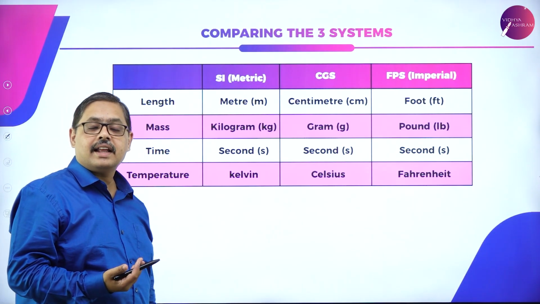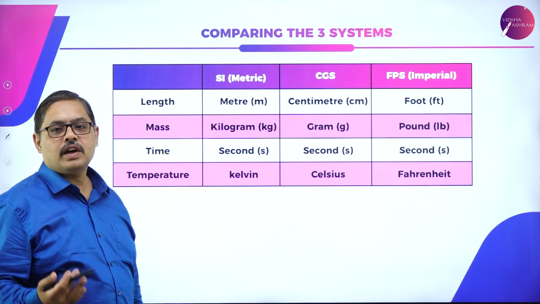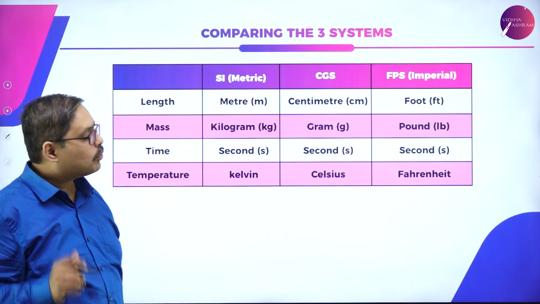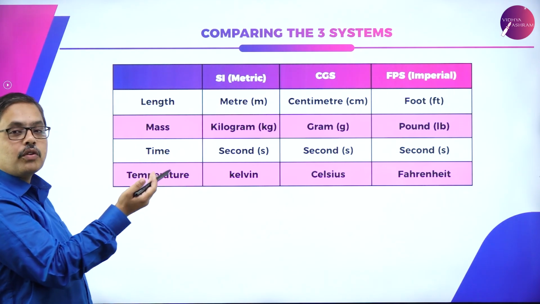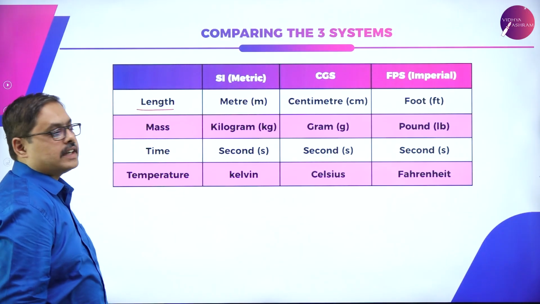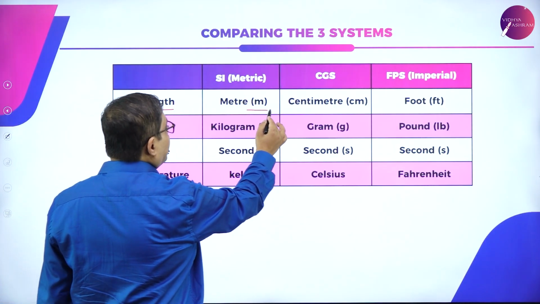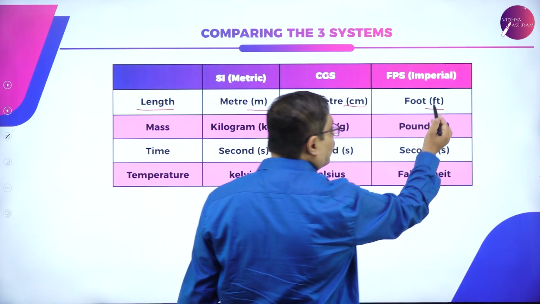Now we said that there are three systems across time which we have used to represent physical quantities. Let us compare these three systems and find out what the units were. For length, in the SI system presently we have meter, in CGS we had centimeter, and in FPS we had foot.